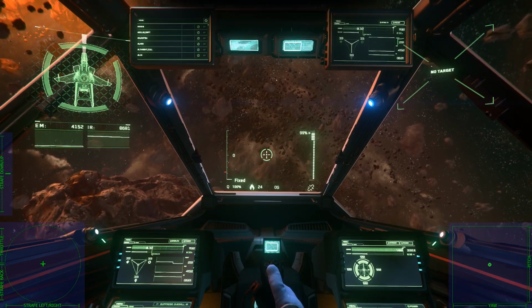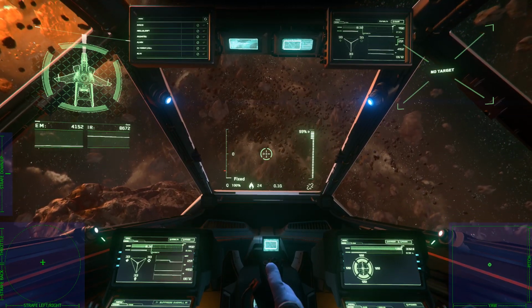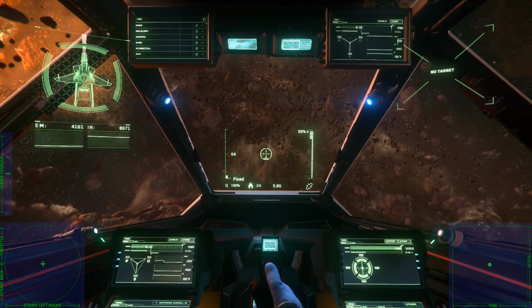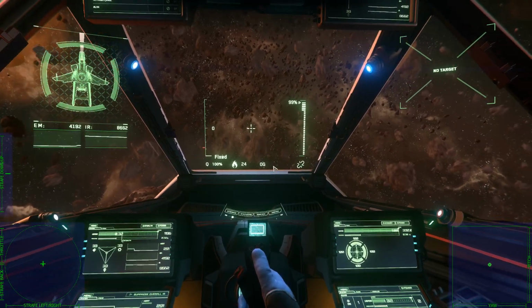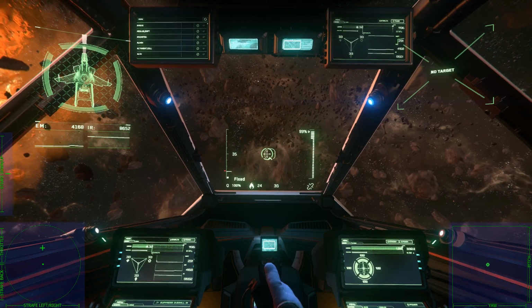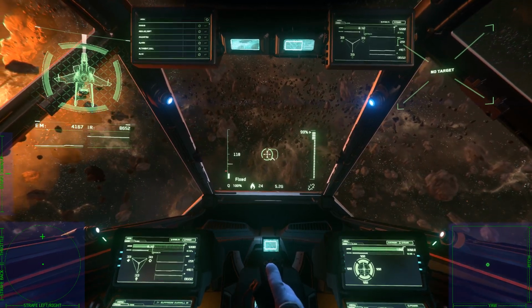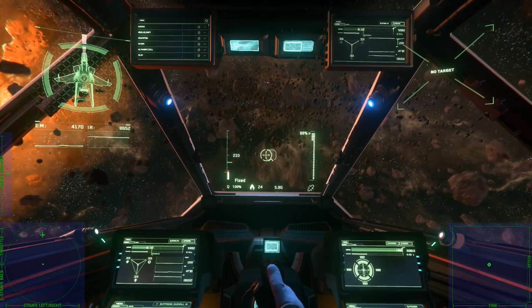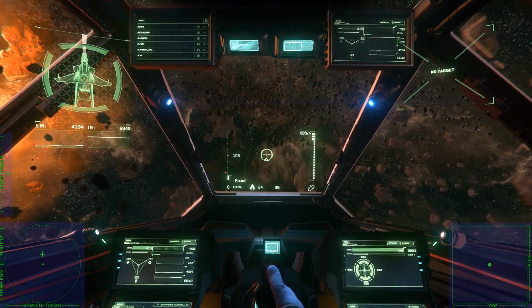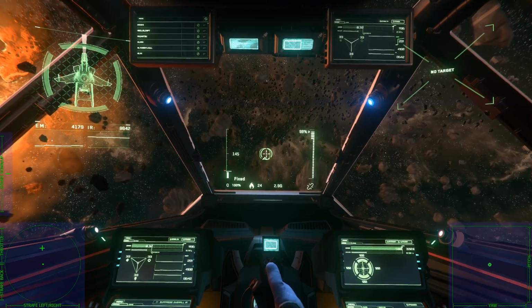So basically, if I move my stick forward, then you see how the G's, this is the accelerometer down here, right? As I move forward, my thrust is increasing, and my speed limiter is also increasing. If I just move it back, see, it's going to stay at a certain speed, right? So it's kind of interesting.